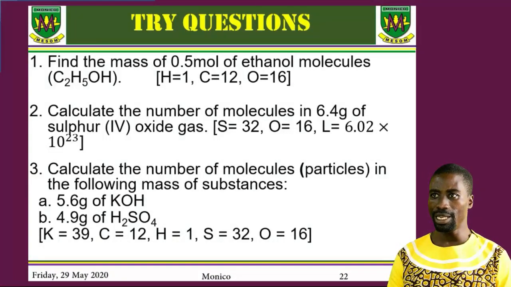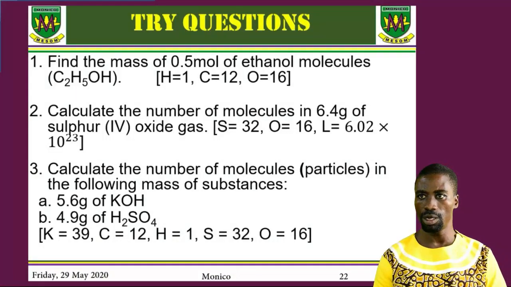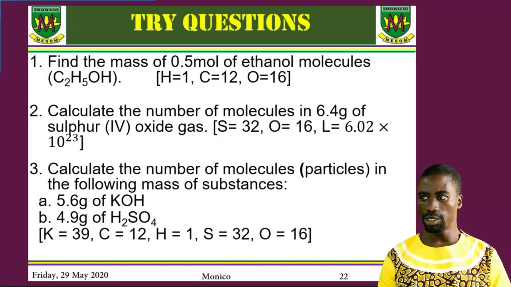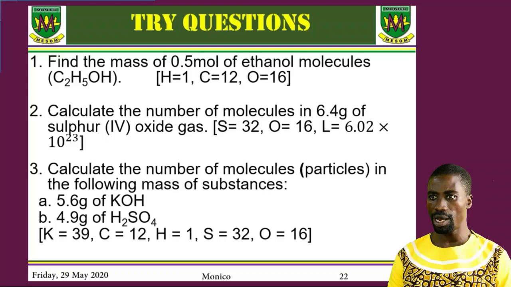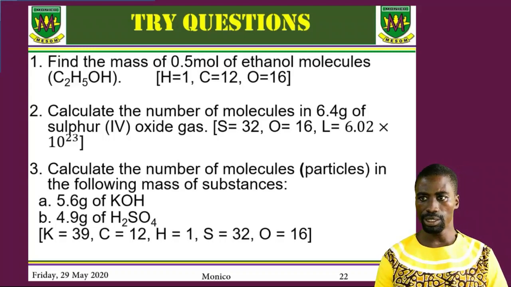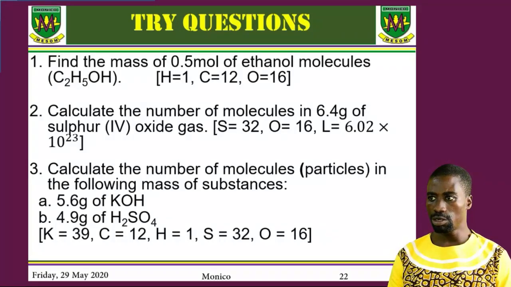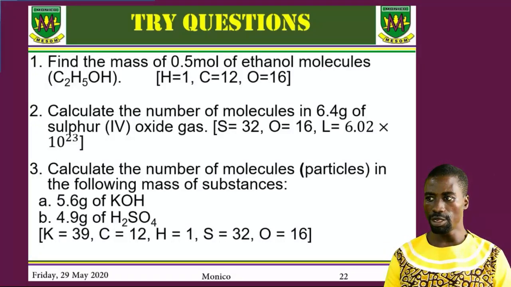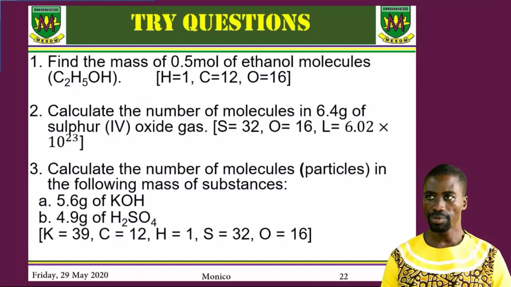Right, so we have find the mass of 0.5 moles of ethanol, calculate the number of molecules in 6.4 grams of sulfur dioxide, calculate the number of molecules or particles in the following mass of substances. So I believe this is very good for you.